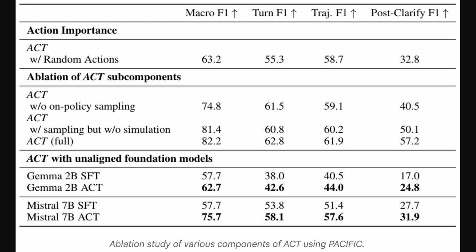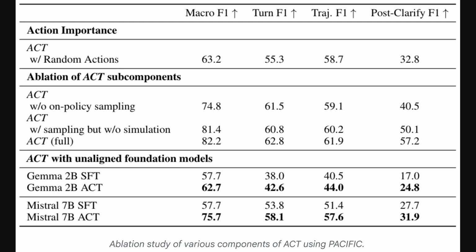Then, the ablation of ACT subcomponent section digs deeper. Removing on-policy sampling, that's when the model learns directly from the responses it generates during training, causes a noticeable dip in performance across all metrics like turn F1, trajectory F1, and post-clarify F1.